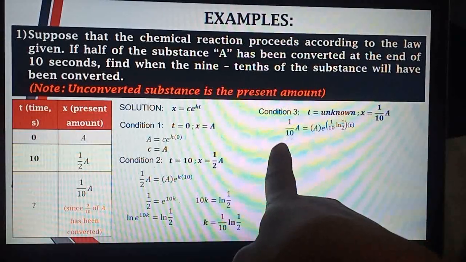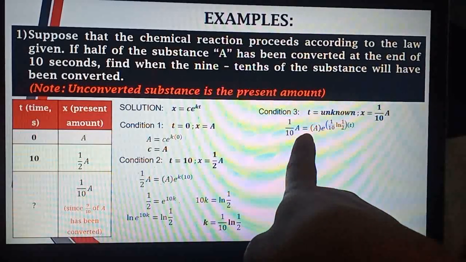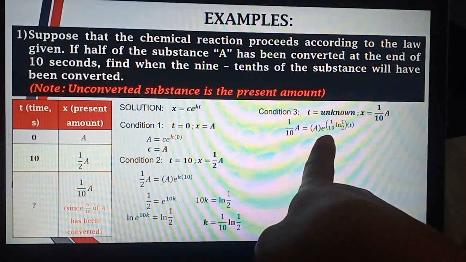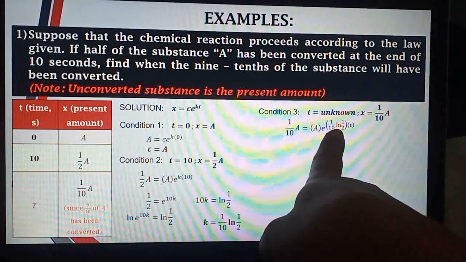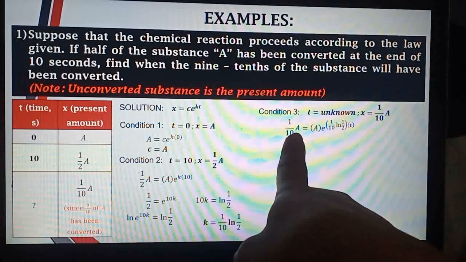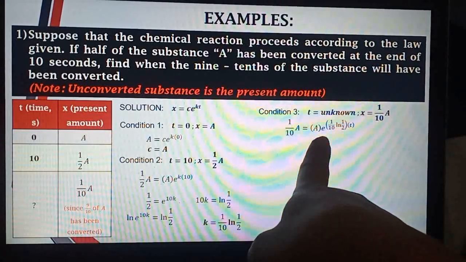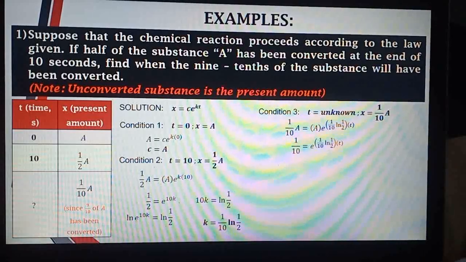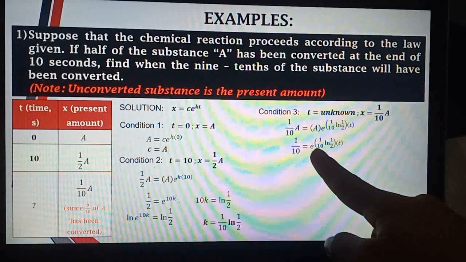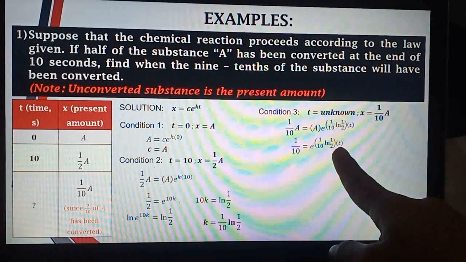So your equation now is 1/10 of a equated to a e raised to 1/10 ln of 1/2 multiplied to t. So since parehas ulit may a yung both side, makakancel ngayon si a. Ang matitira na lang is 1/10 equals e raised to 1/10 ln of 1/2 multiplied to t.